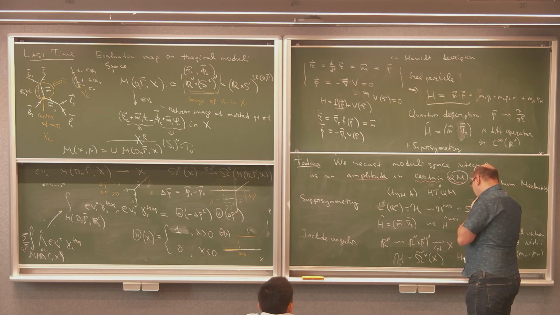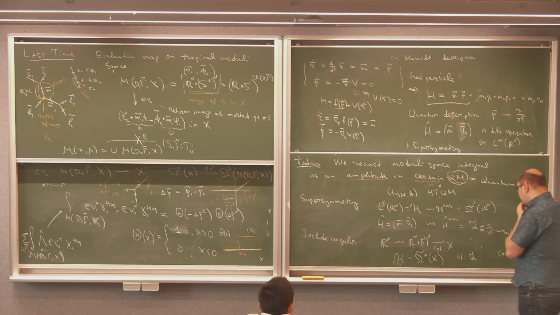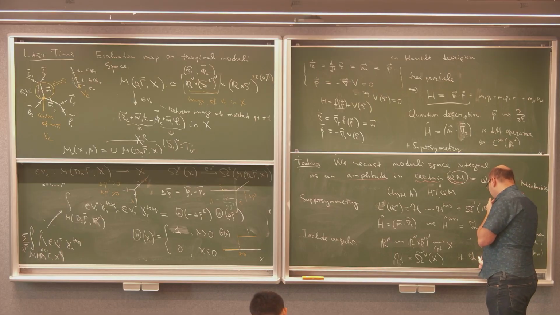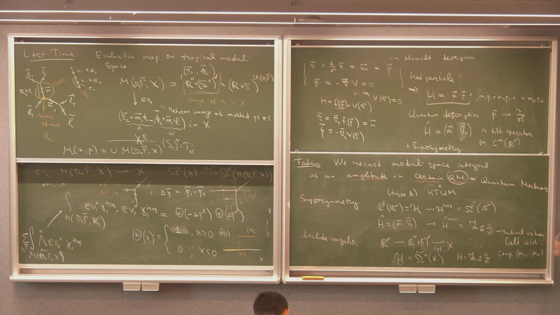And for the Hamiltonian, we actually still want to keep the same Hamiltonian, which is the Lie derivative along this vector m in the radial direction.